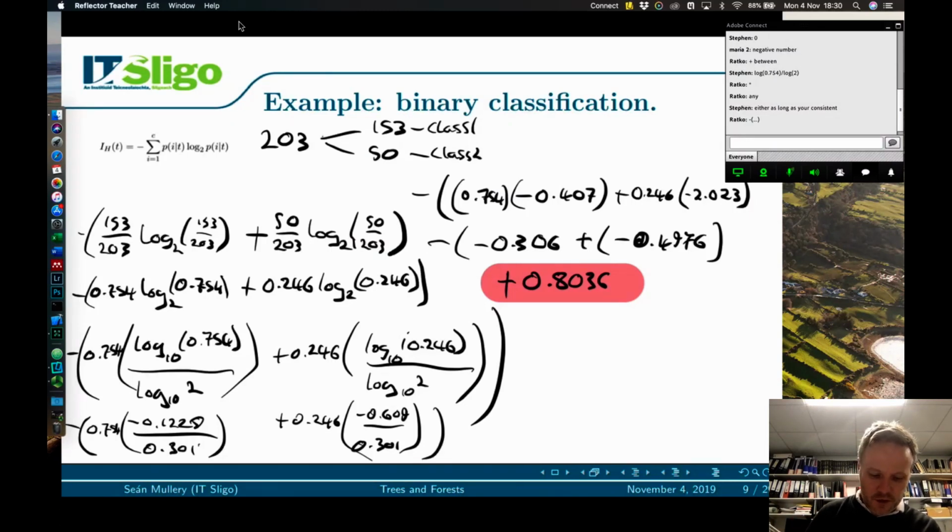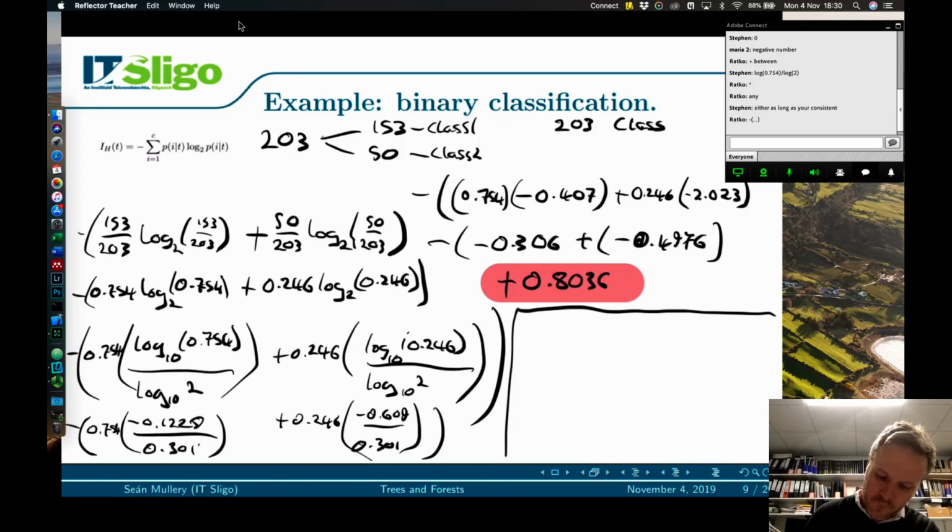One last thing that we should do here is just take a look at the situation that will occur, and I won't need too much space for this, so we'll do it down here. What happens in the case where I have absolute purity? So I have 203 for class 1 and 0 for class 2. What happens in that case?